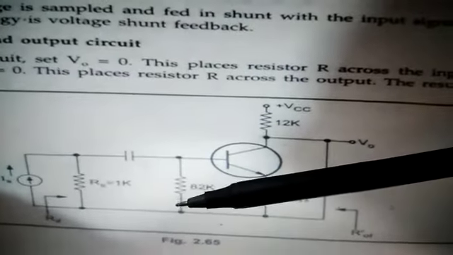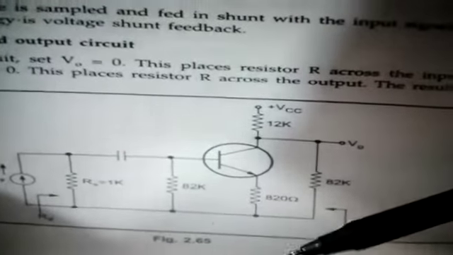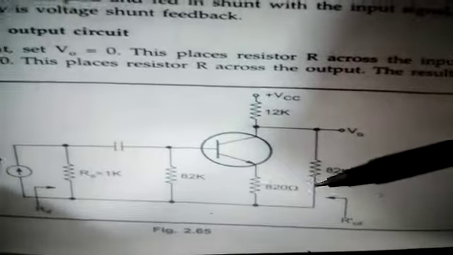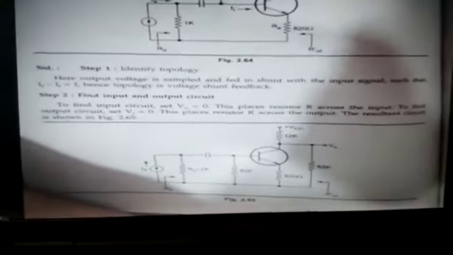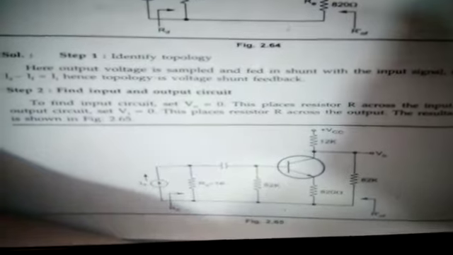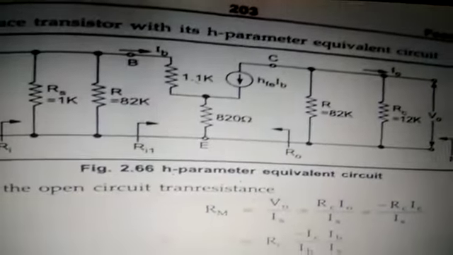Input side resistance comes when output is made equal to 0, and output side resistance comes when input is made equal to 0. So this is the equivalent circuit, input and output circuit.